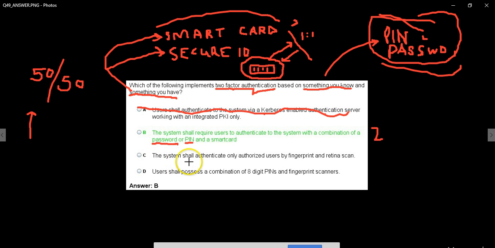So see here, the system shall authenticate only users by fingerprint and retina scan. So this is something you are, something you are. Both of those, that's a one-factor authentication. So this is a no. Looks sexy though.